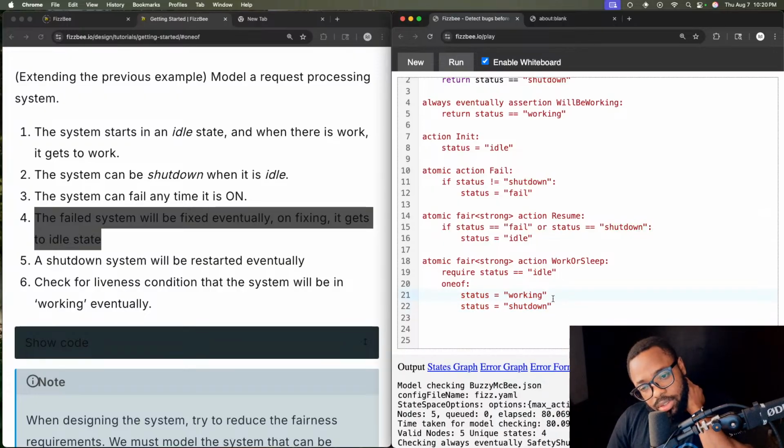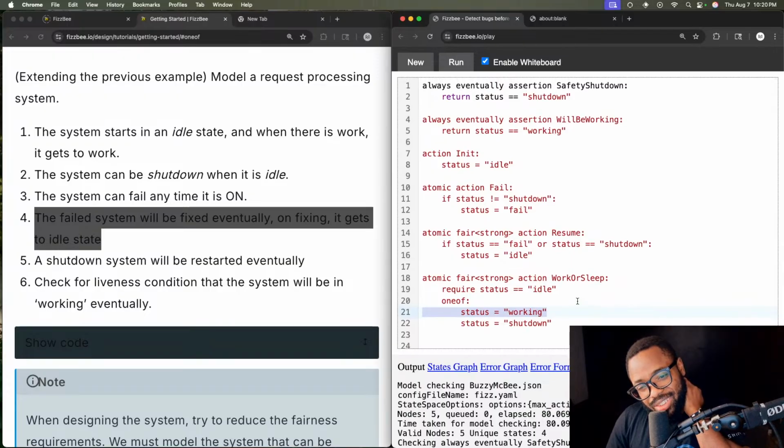And it's interesting because the only choose one of actually only works with working. If it continuously only chooses this as part of the one-off, then it will be forced to go to idle at some point.